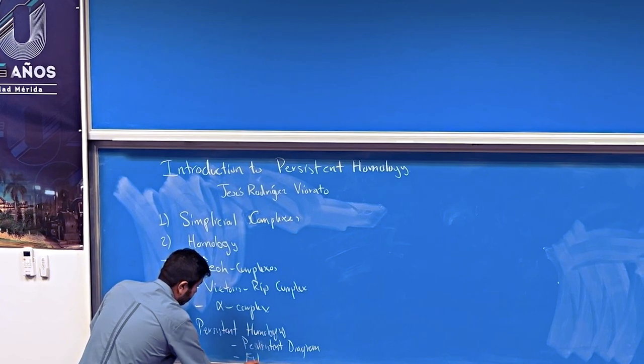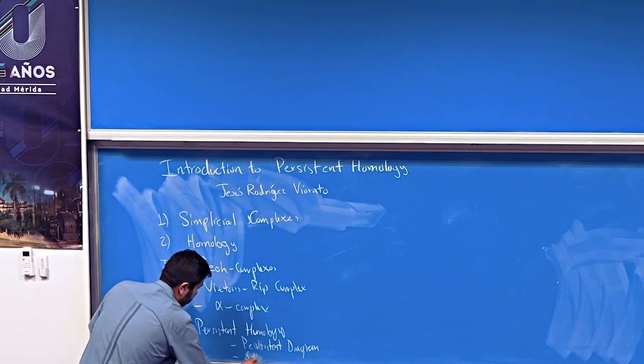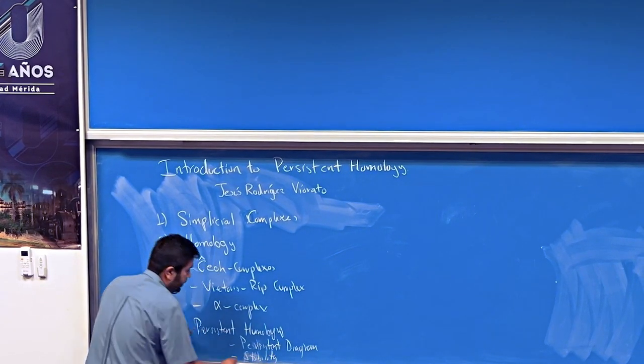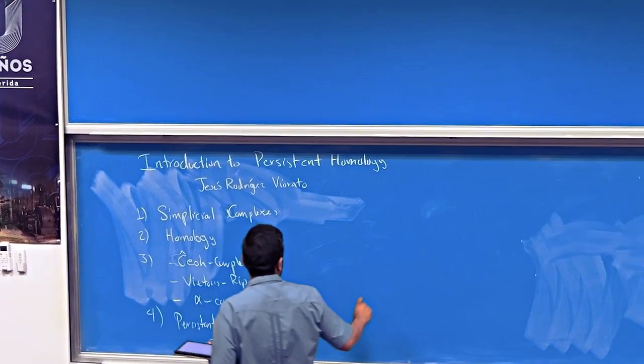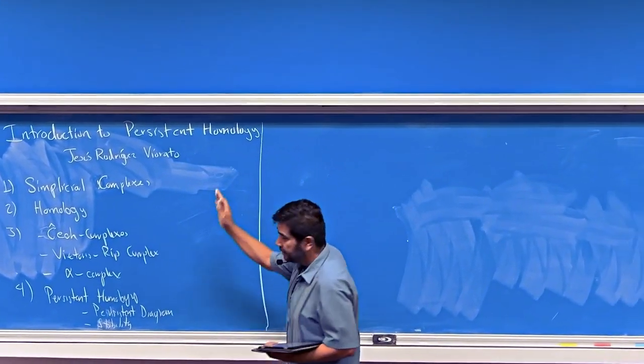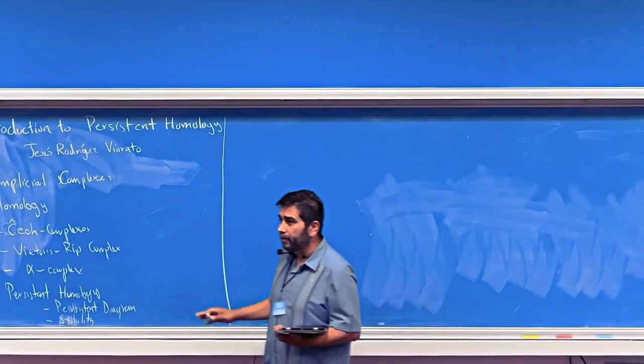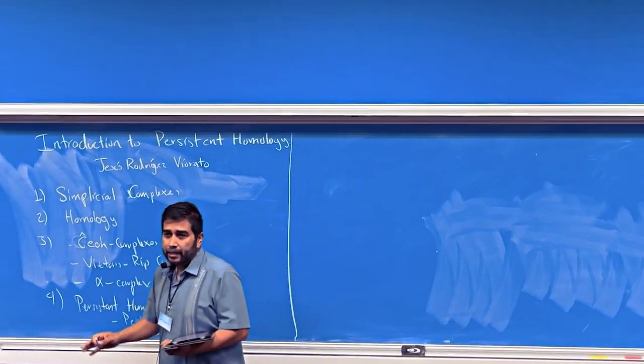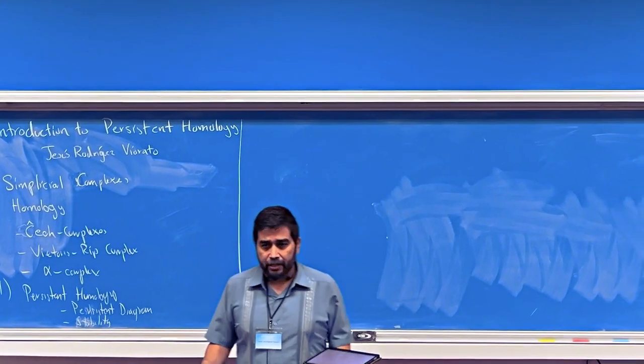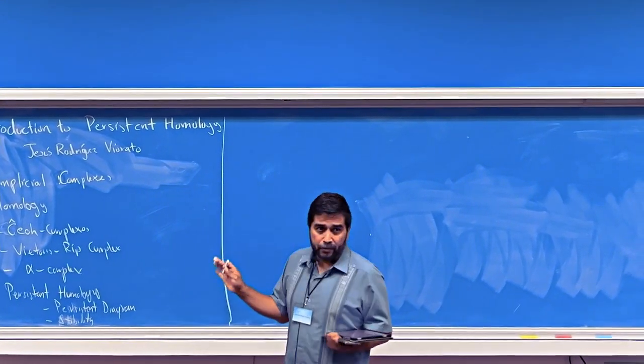The stability of persistent homology or persistence diagrams. That's the plan. So we're going to finish with persistent homology and show the definition, basic properties, and some examples.